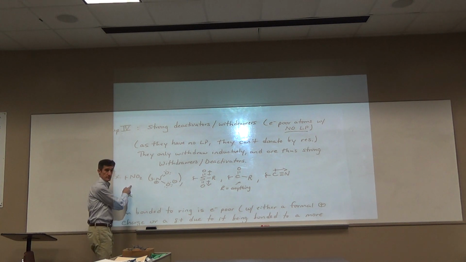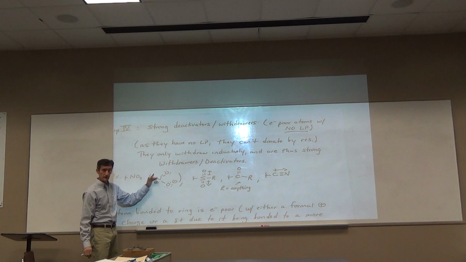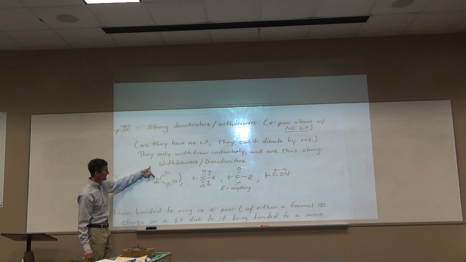Examples are the nitro group. Little structure for nitro group coming off a ring. Look at the nitrogen. Does it have a lone pair? No. Is it electron poor? Yes, it's a positive charge.